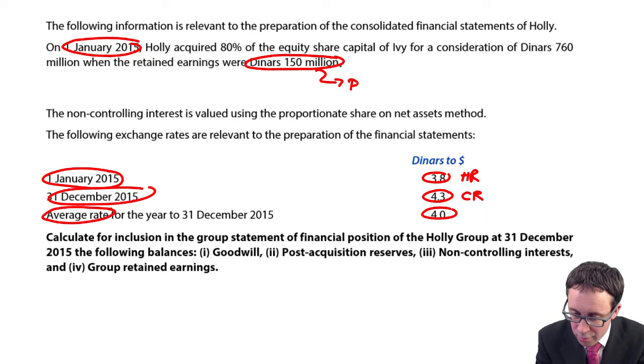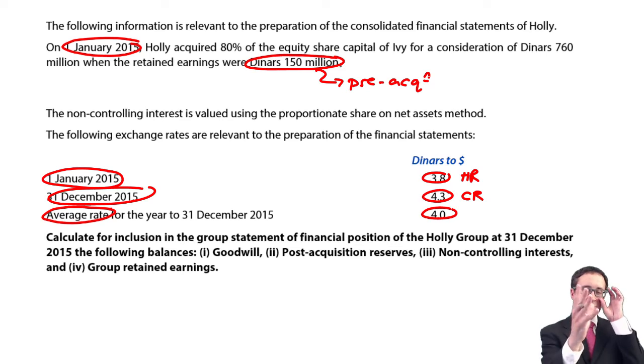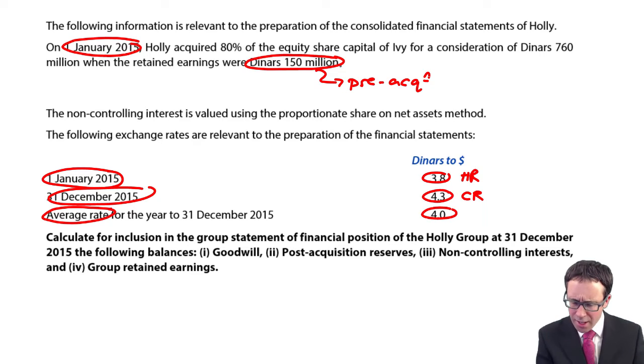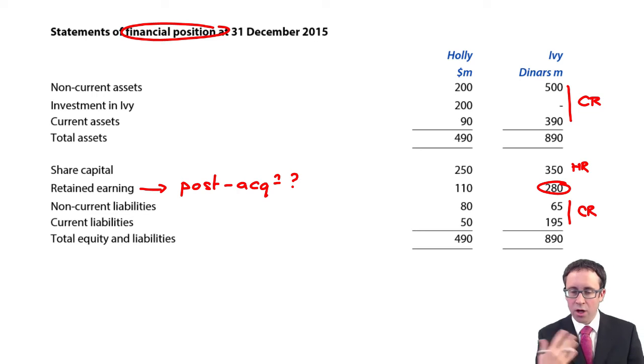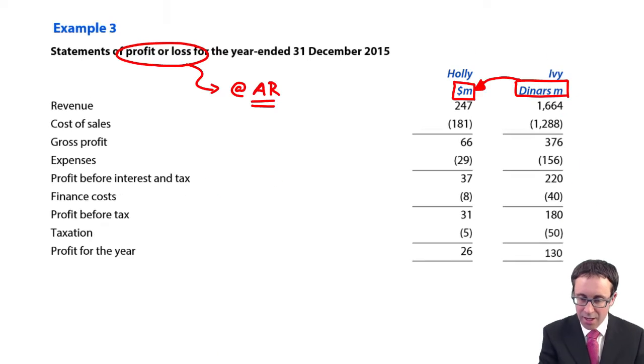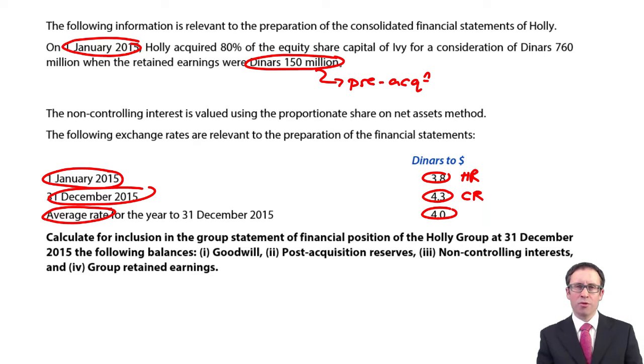So they are the pre-acquisition reserves, which makes sense, because if you look at the total retained earnings at the reporting date of 280, and we've made profits during the year of 130, 280 less 130 gives me 150, which is the pre-acquisition reserve. So it does all balance with regards to the accounting equation.